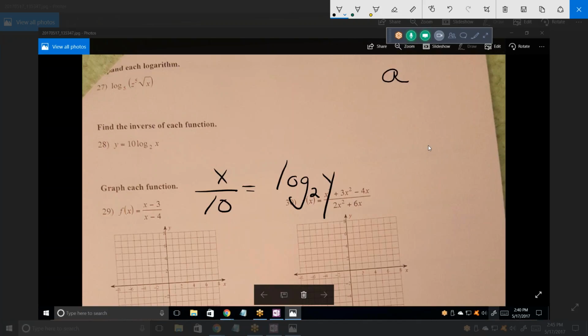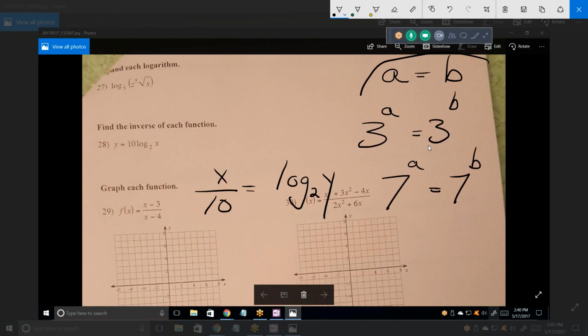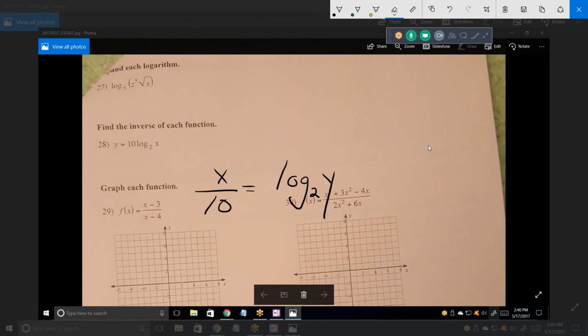If a equals b, then 3 to the a equals 3 to the b. And in fact, 7 to the a equals 7 to the b. You follow this logic? Mm-hmm. Well, whenever I have something equal to the other, like I do in our equation, I can always make these exponents of some base.